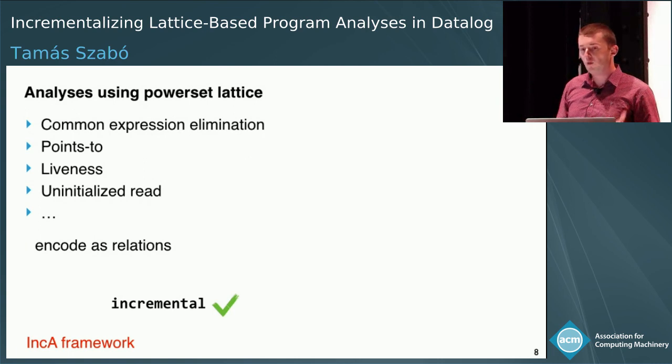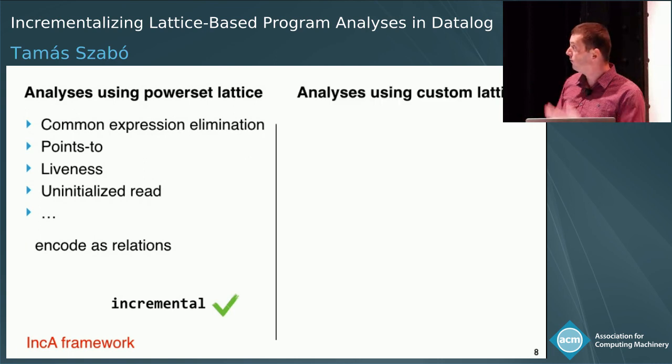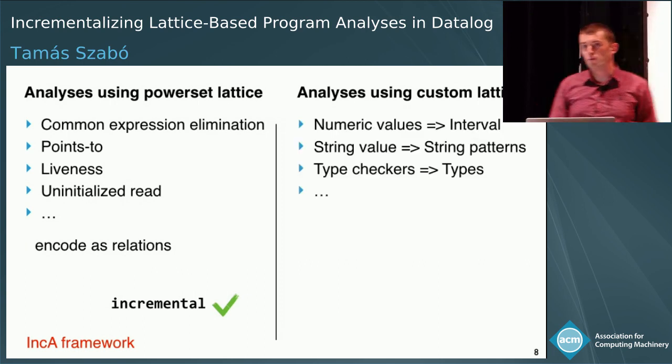But then the problem is that there is another category of program analyses that use custom lattices. So for example, when we want to reason about numeric values, then we want to use intervals. When we want to reason about string values, like the common prefixes or suffixes, we want to encode string patterns. Then, for example, type checkers use lattices to encode types, how the types look.